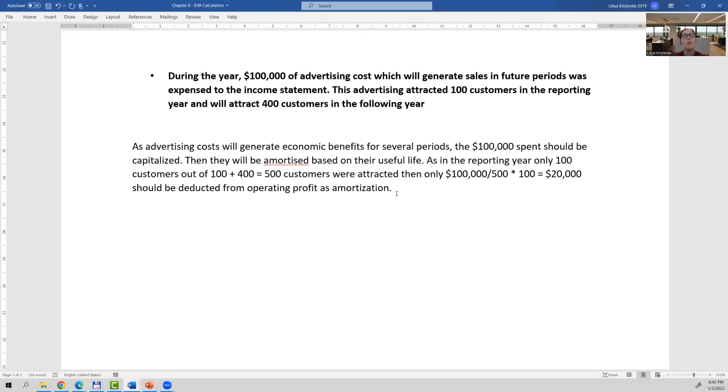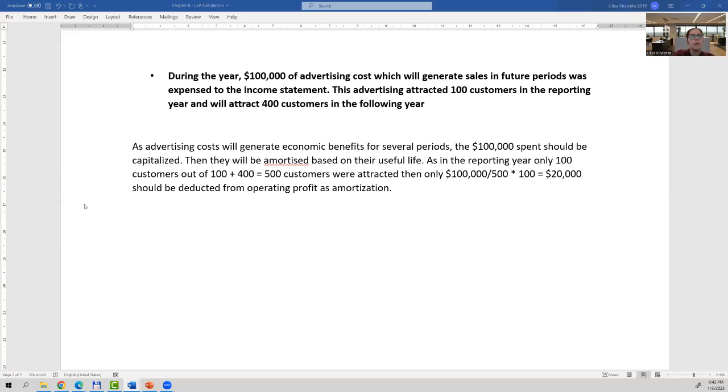And then we also need to correct capital employed, but we will need to correct capital employed for the next year. In the questions given to us in the exam, we do not need to talk about next year unless we're asked, but for you to understand the concept, because it has to be a double entry, so it has to have debits and credits, I will write what is going to happen.